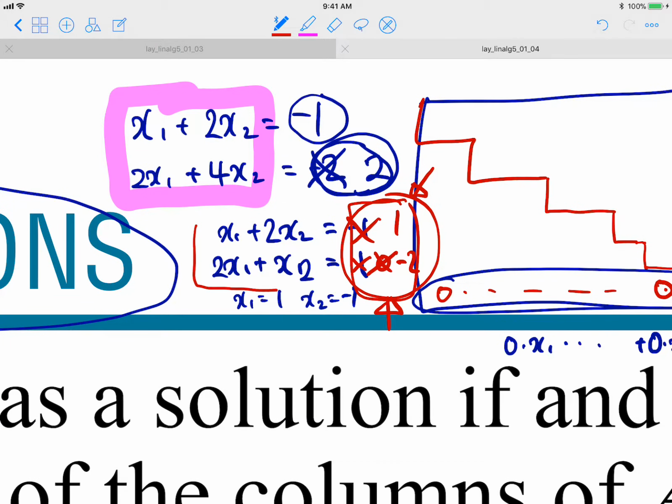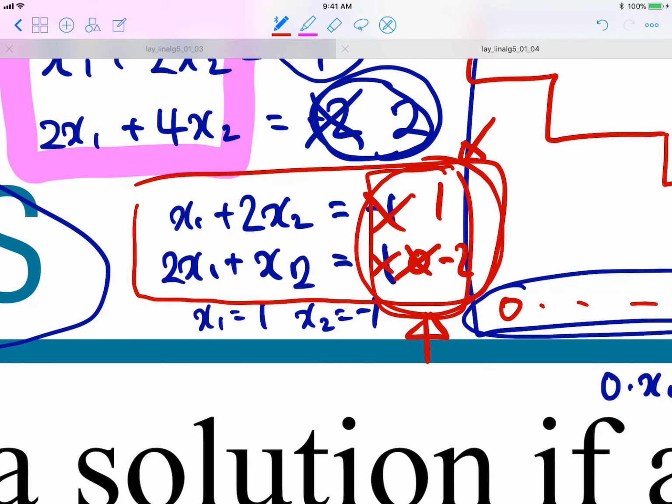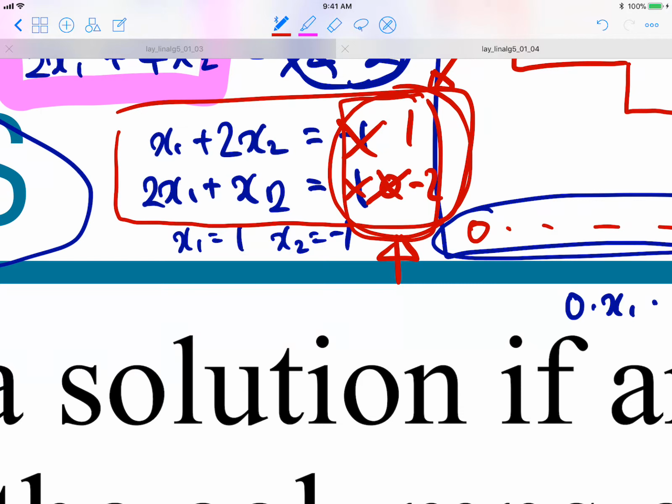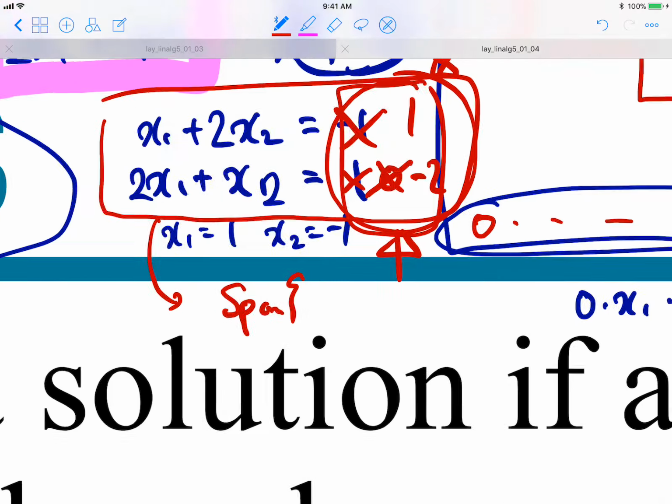So even with a simple example, this one corresponds to the case where we view it as a vector equation. How many vectors do we have? We have two vectors, right? What are these two vectors?